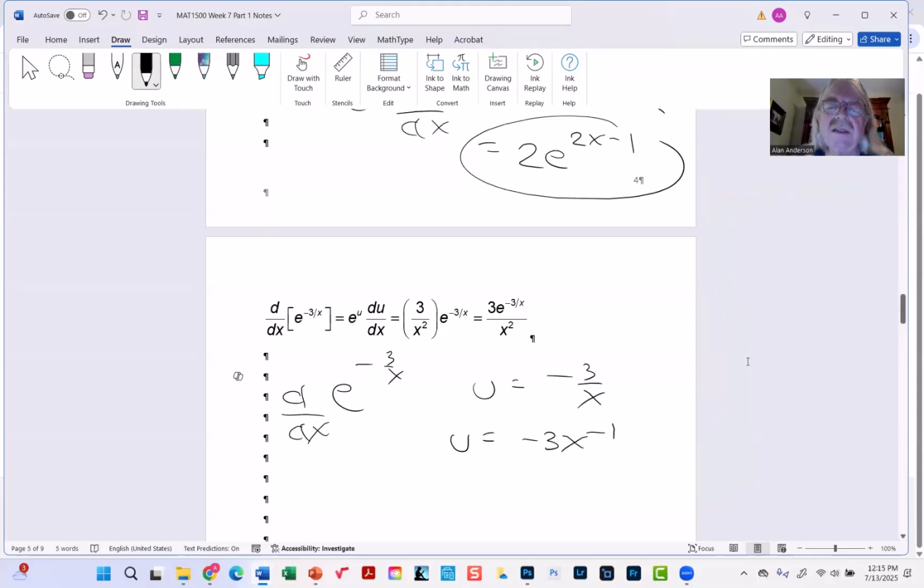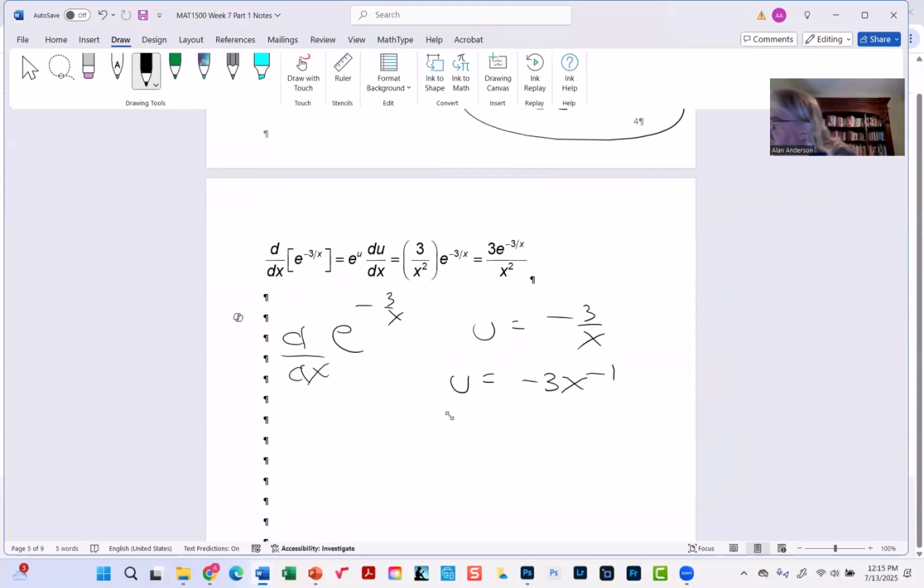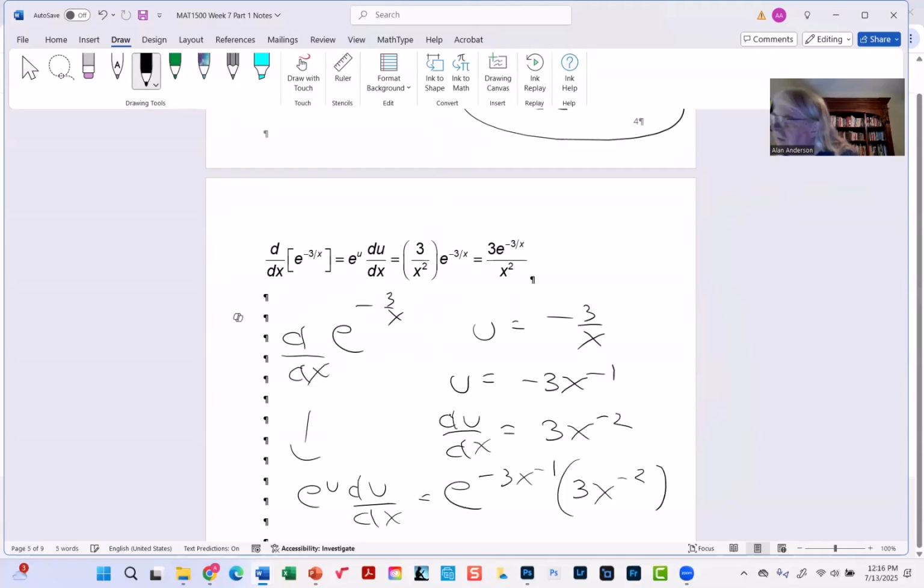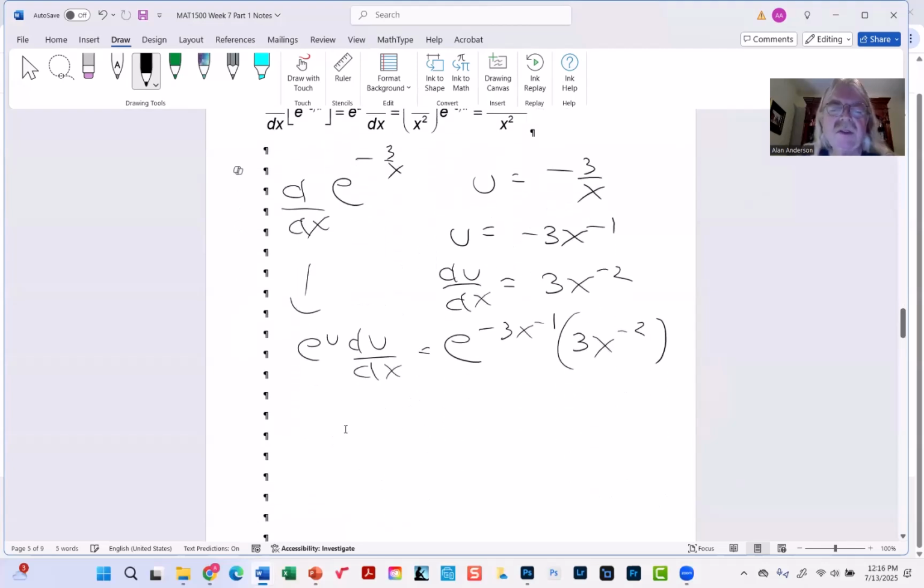So therefore du dx will be positive 3x to the minus 2. So e to the u du dx becomes e to the minus 3x to the minus 1 times 3x to the minus 2. Bit of a mess, but we can straighten it out a little bit.